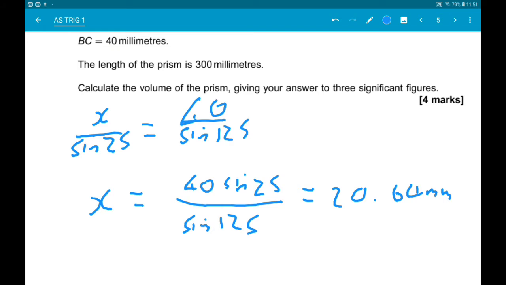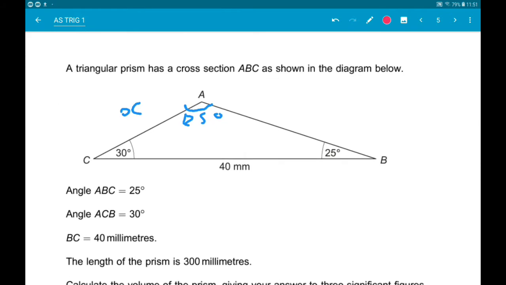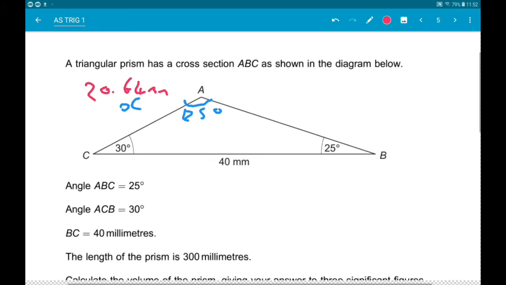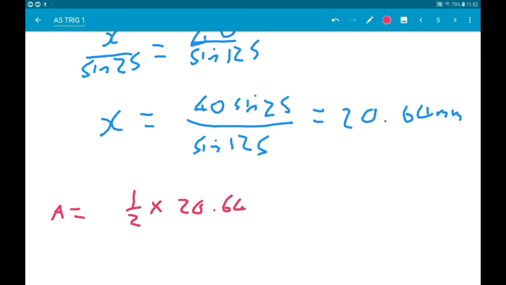Okay. So now that we have x, we can now find the area of the triangle. So the area is 1/2 times 20.64 times 40 times sine of 30.